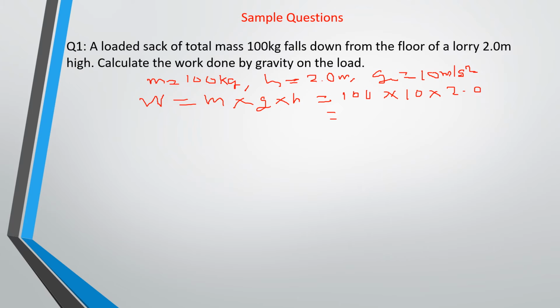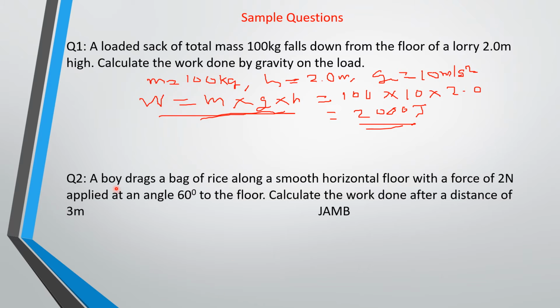By the time you multiply that out, you are going to have 2000 joules. So once you are able to understand the equations, they are easy to apply. Work done is equal to force, which is mg, times the height, and that gives you 2000 joules. I hope this one is clear. Okay, so we are also going to look at another question.